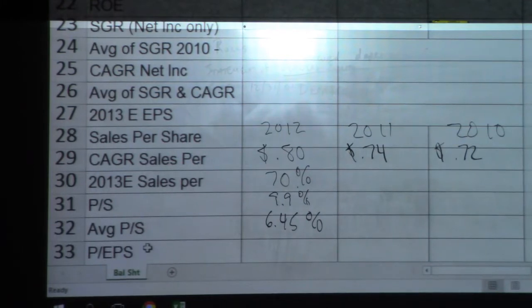EPS 2012. Let me write some things down. 2012 EPS 0.8. Okay, and 0.74. We'll move this over here for some future calculations we're going to need. And then the SGR is 6.45%. That's what we'll need. And let's find CAGR of net income.